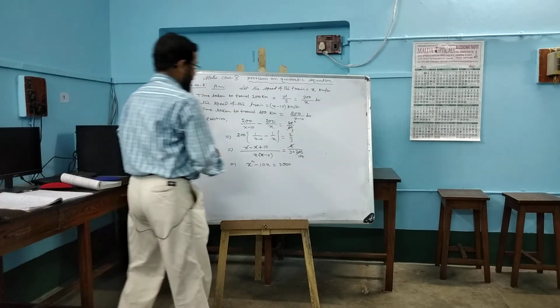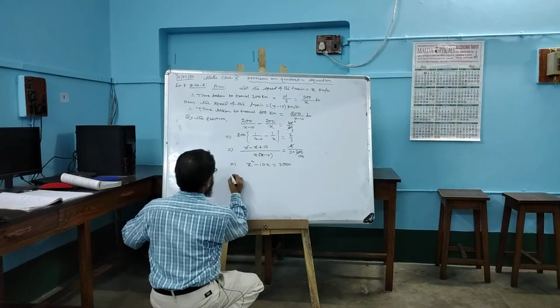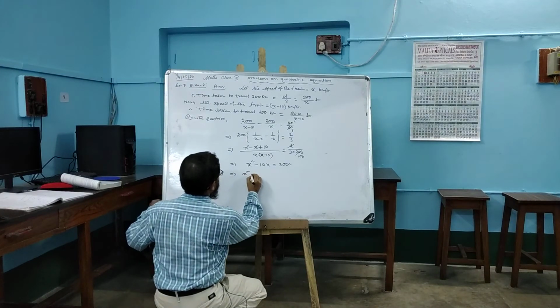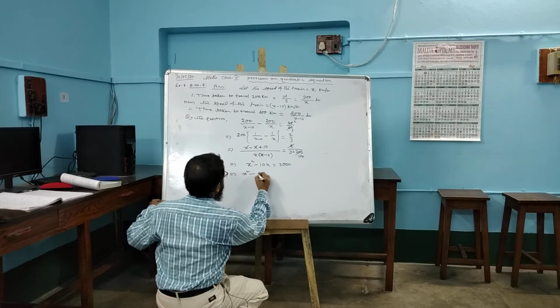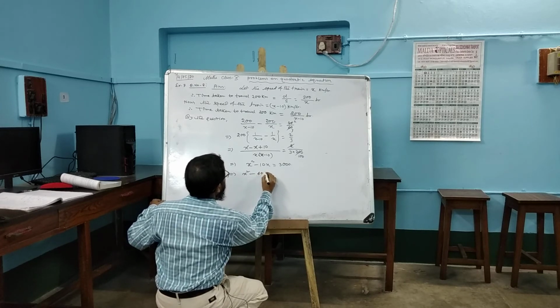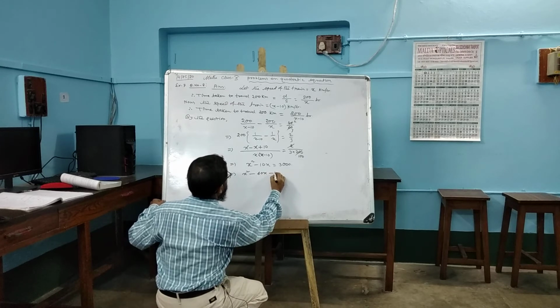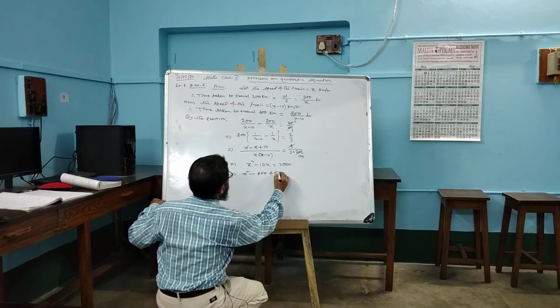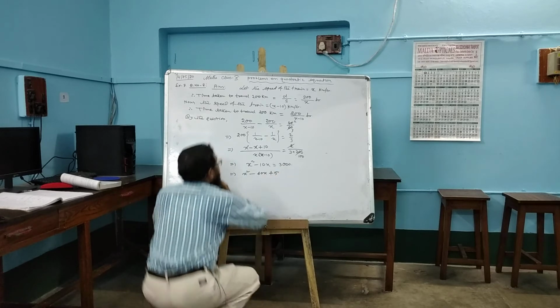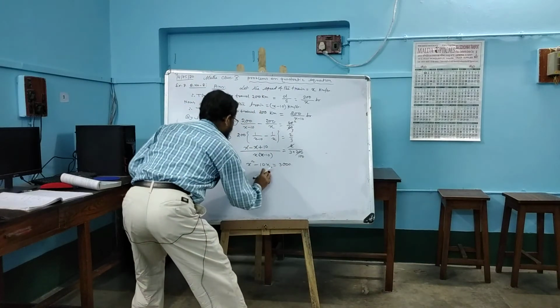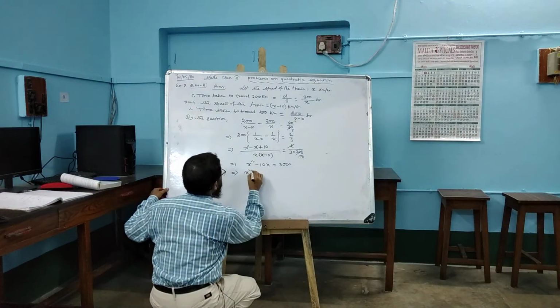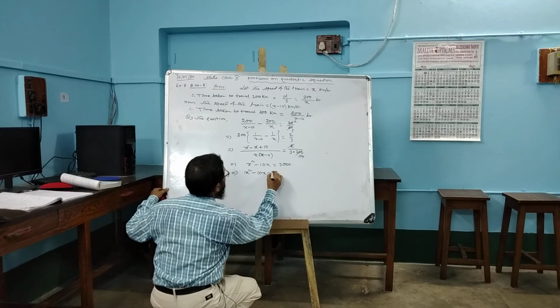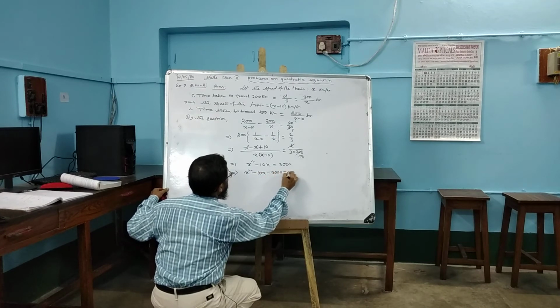Now we have to reduce this. x square minus 60x plus 50x, one step more. x square minus 10x minus 3000 equal to 0.